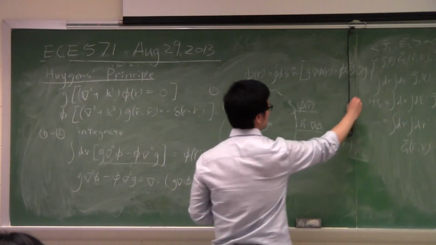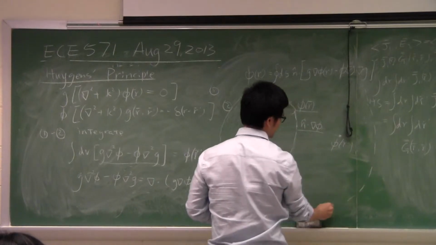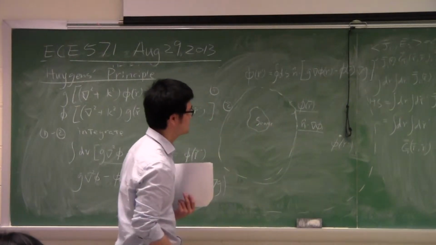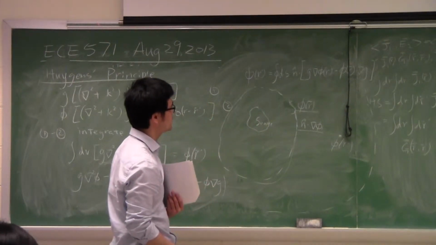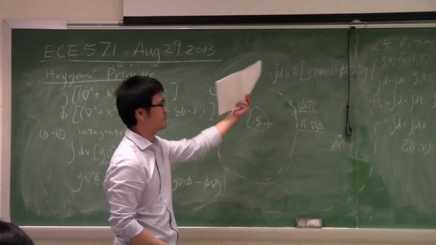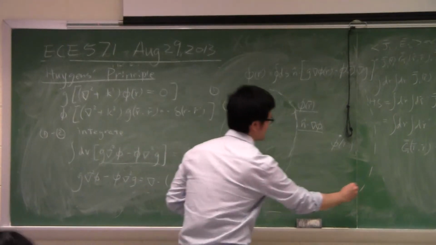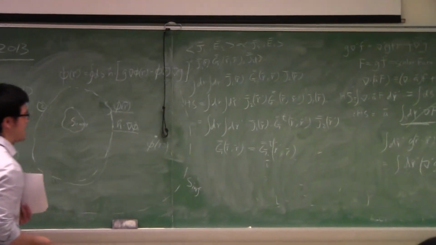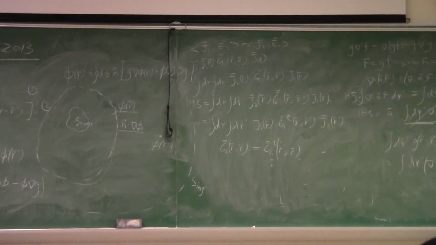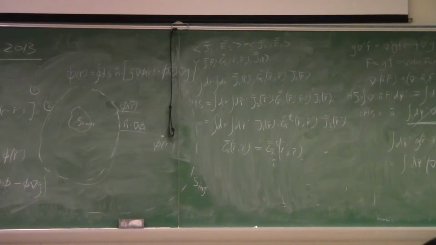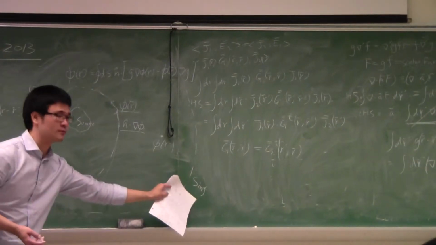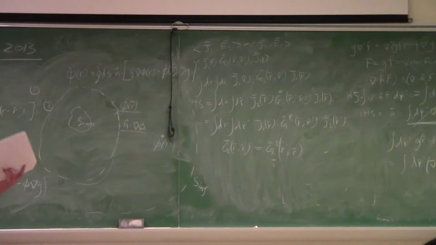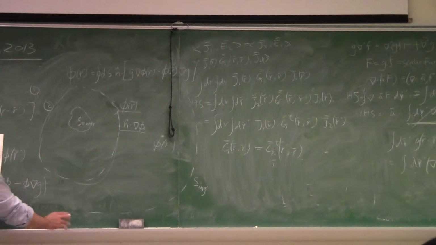So there will be another surface at infinity here to make this surface closed. So there will be another surface here. But I can always make this go to infinity so that I can try to eliminate some terms here.